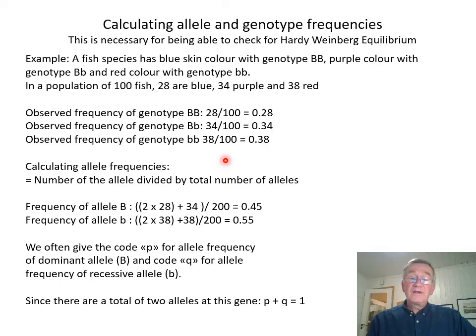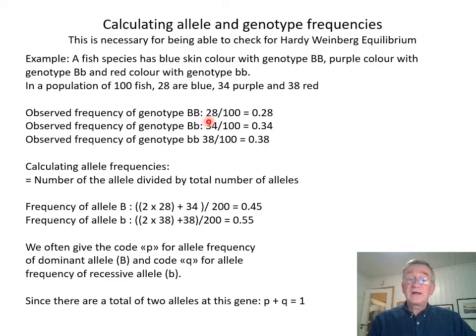The allele frequency is the number of the allele we are looking at divided by the total number of alleles. So if we want to calculate the frequency of the allele capital B, we just have to count how many capital B's we have. Well, we know we have 28 individuals which are homozygous.